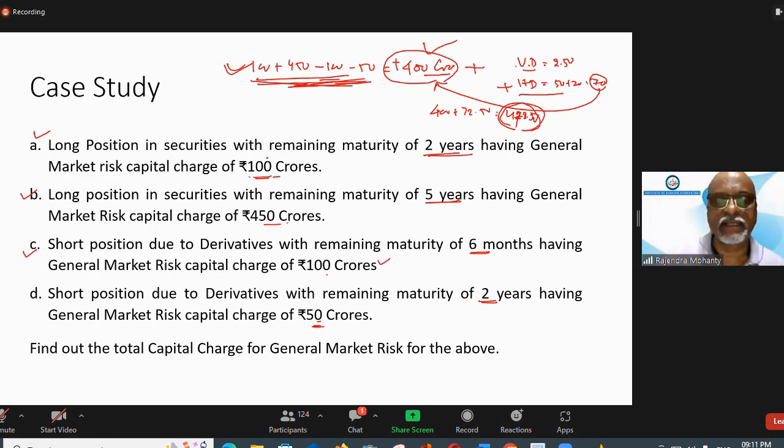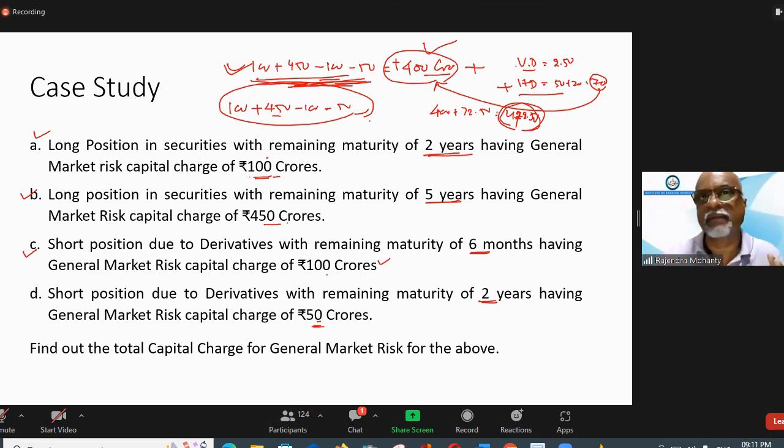Because these are long positions, you have to take it as a positive position for the bank, and this has to be minus. So when you net it, this becomes your algebraic sum of general market risk. This is for the calculation of general market risk capital under the vertical and horizontal disallowance method.